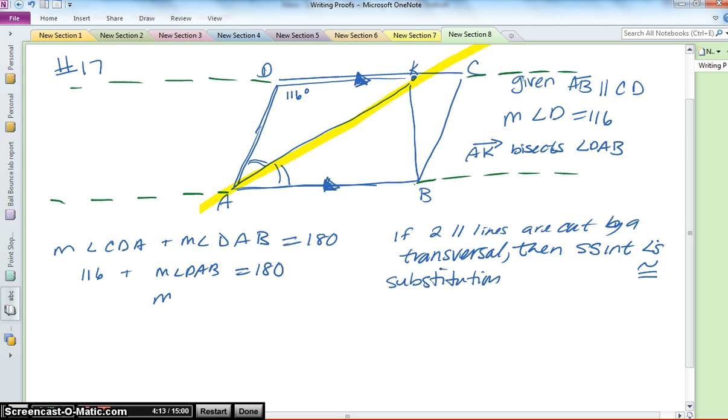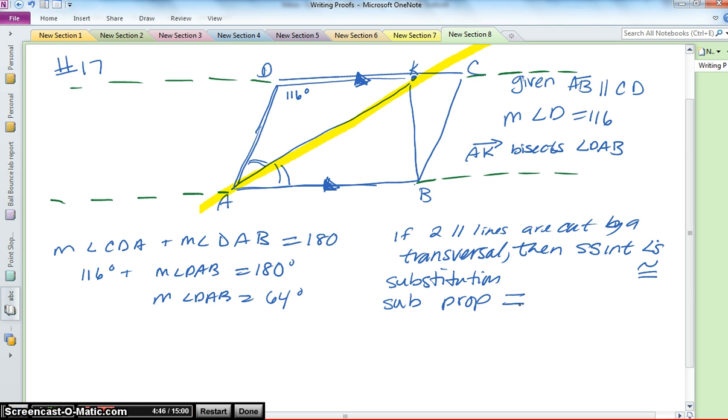Recognizing the steps, writing them down, and then going back and putting in the reasons. Measure of angle DAB then must equal 64 degrees. By what reason? Subtraction property of equality.